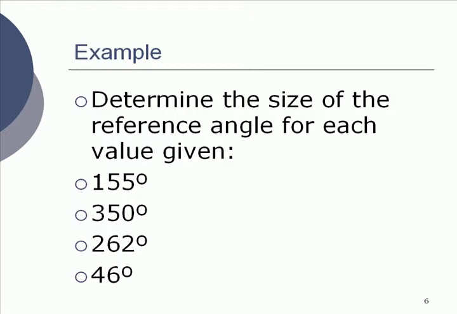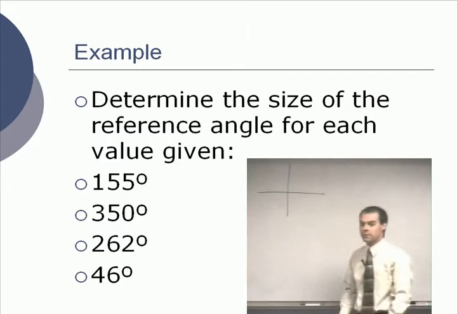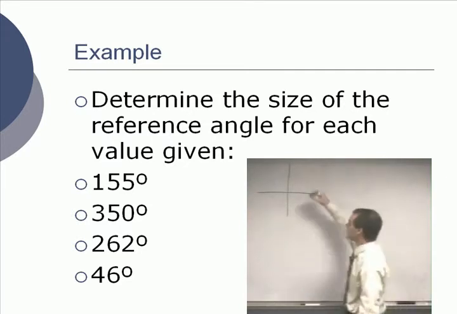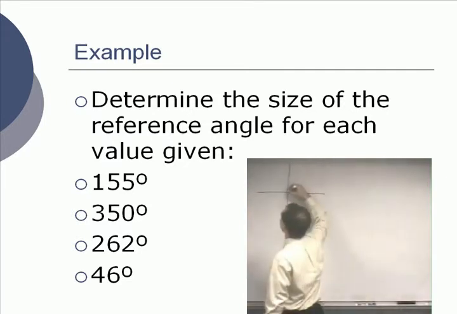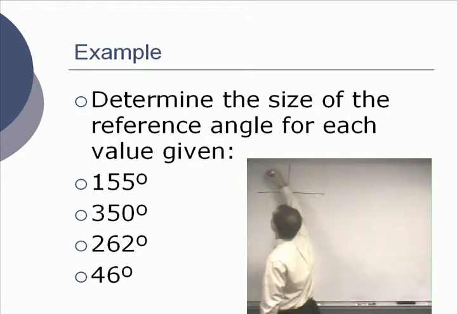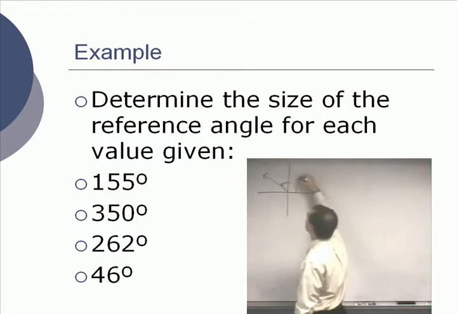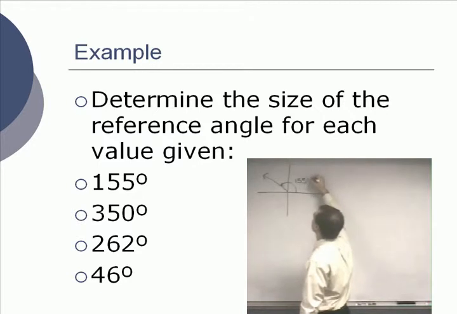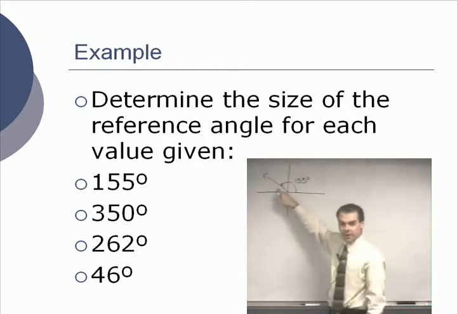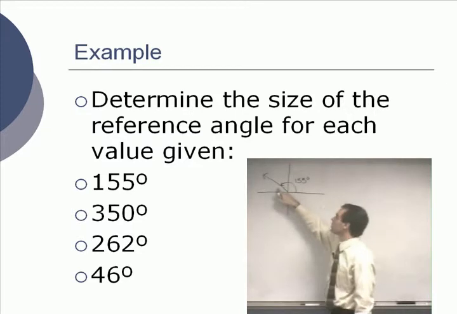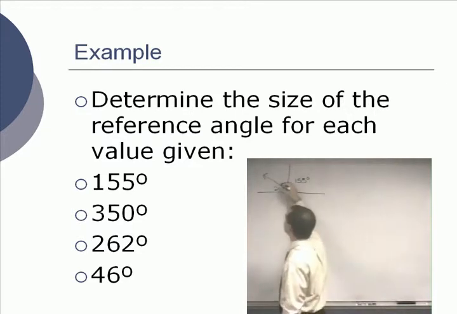So, for each one of these 4 angles, let's determine what the reference angle would be. Okay, well, the first one, 155 degrees. You're going to be pointing in the second quadrant. We're going to be somewhere over there. Well, if this is 155 degrees, how many degrees are left for that angle right there? 25 degrees.